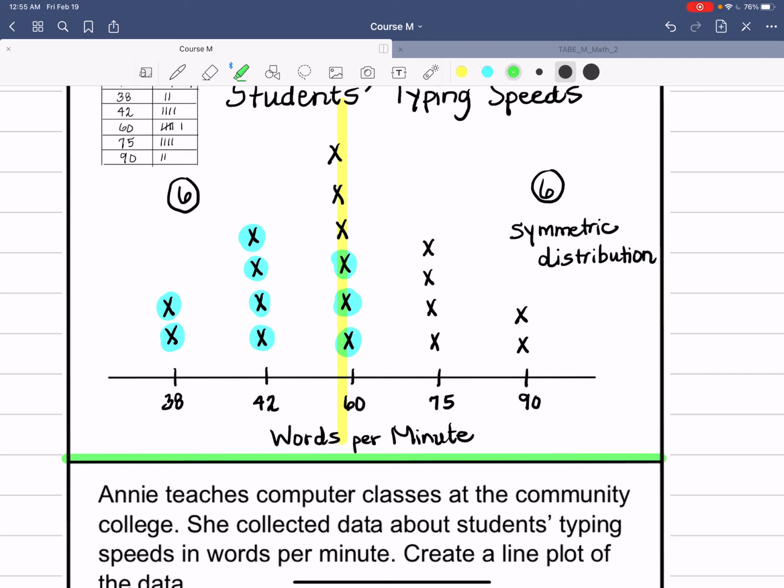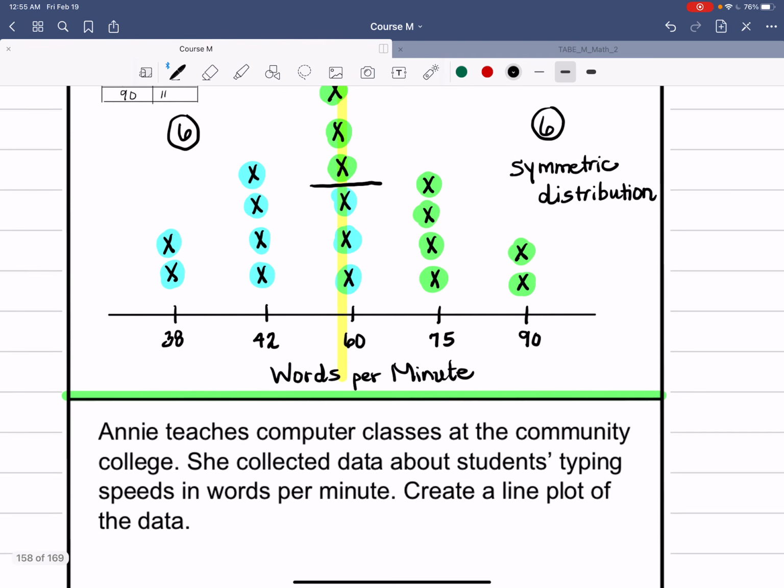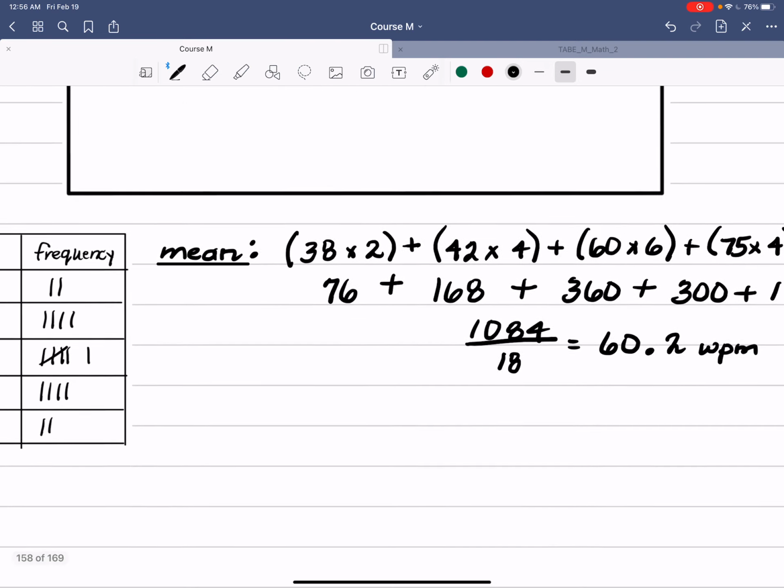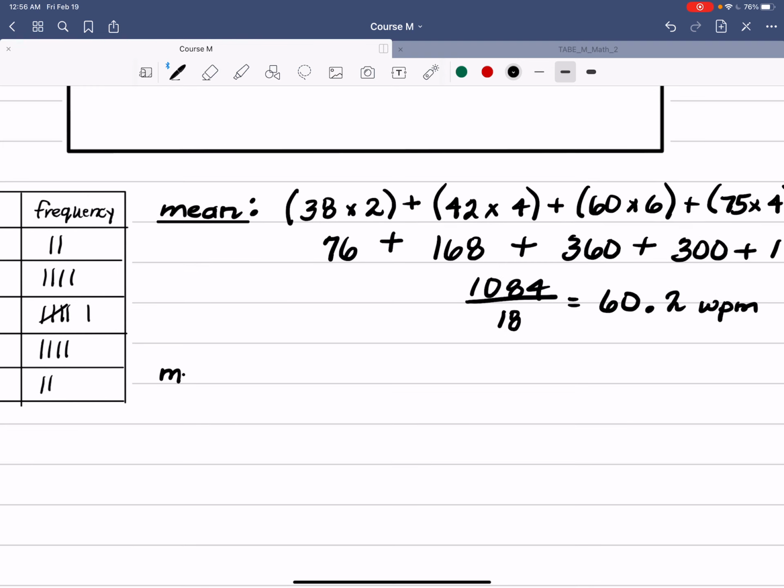And then on the other side, I have 1, 2, 3, 4, 5, 6, 7, 8, 9. So the median is right in here. The median is 60. It's in that column of 60. So we can say that the median falls in the 60 column. The median is 60. Look at how close those are. That is because of that nice symmetrical distribution.